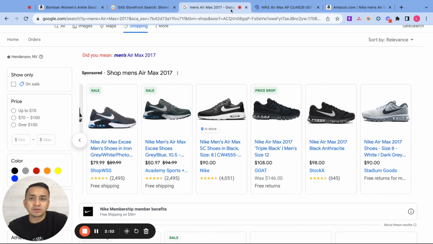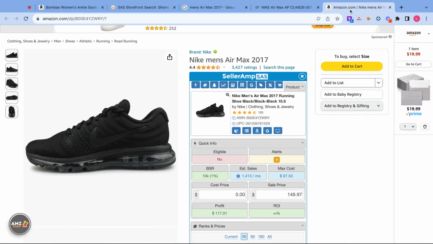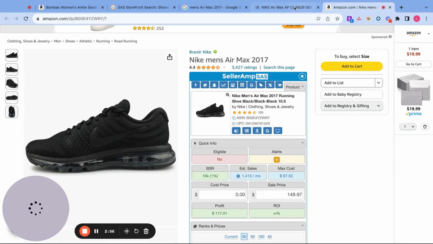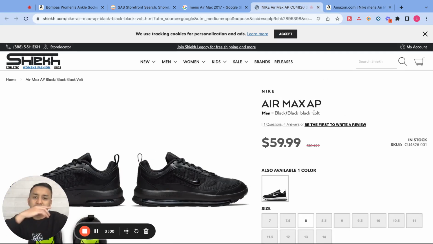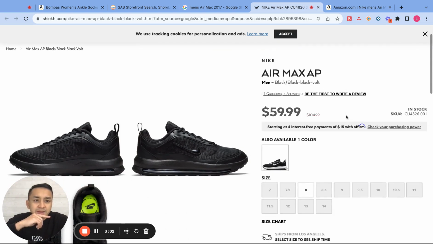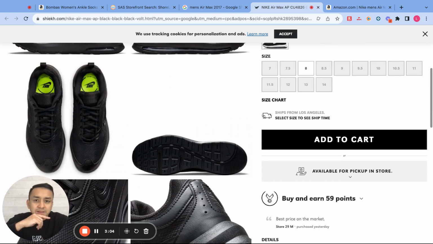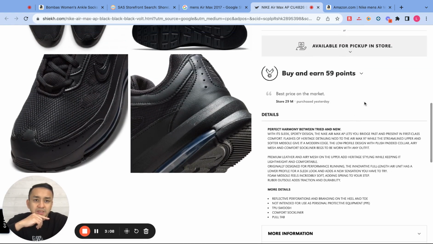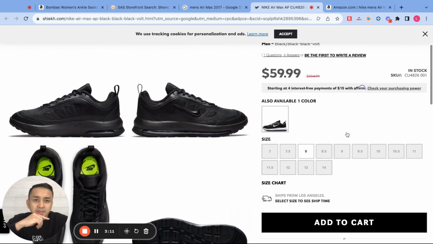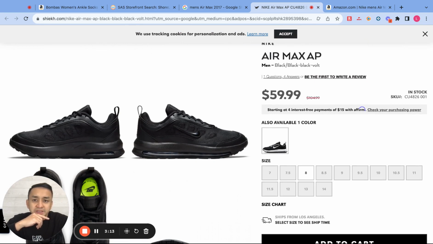So this one is all black. Nike Air Max 2017. Okay. So this one is an Air Max. Okay, I think this is it. Is it 2017? Yeah, I think this is it.